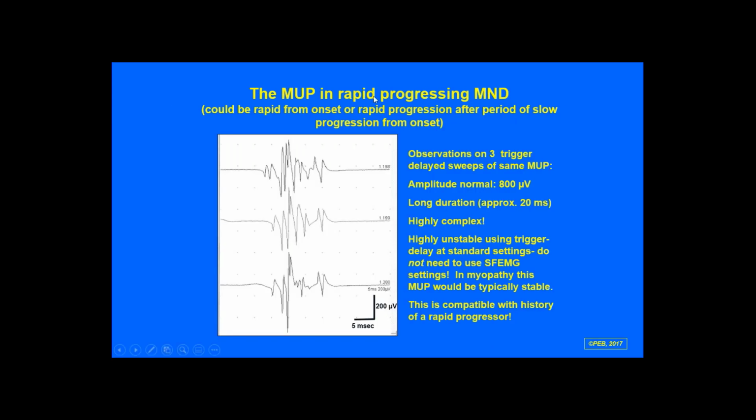And here is a screenshot of a rastered sweep of some rapid progressive motor neuron disease, where you see the main one here, and it doesn't change too much. Over here, this last spike is the same, but this one occurs at a different, well, it's the same here, but not the same here. So that's the trick. And by rastering these with trigger delay, you can easily see the changes.